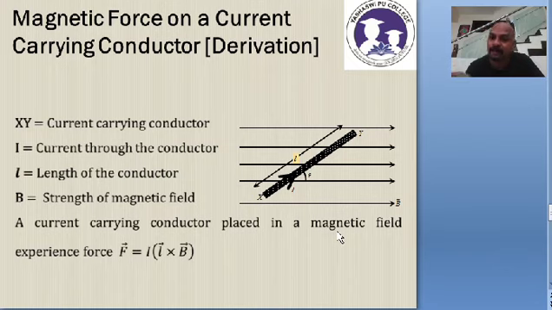So the magnetic field produced by the conductor and the external magnetic field both will interact, and therefore the conductor will experience force, and that force we call the magnetic force on a conductor carrying current. The magnetic force on a charge moving in a magnetic field, you know, is F = qvB sin theta.